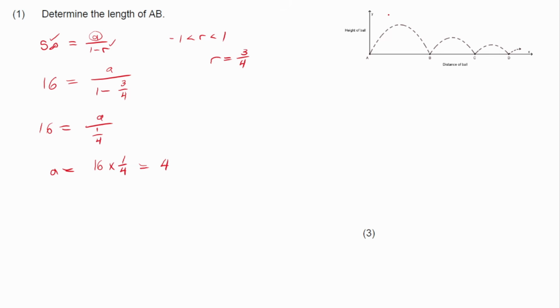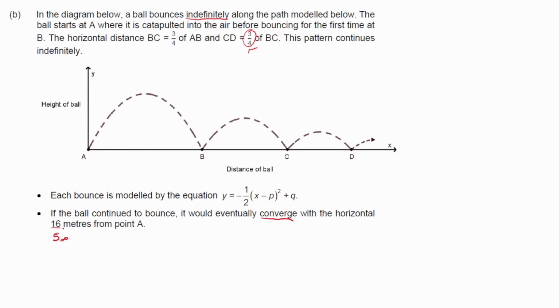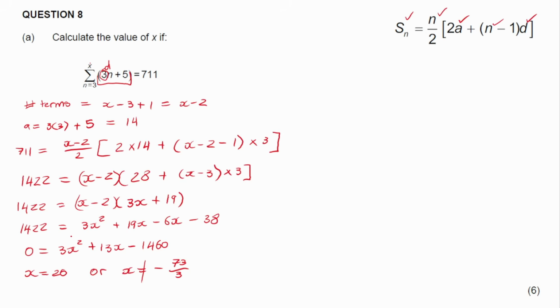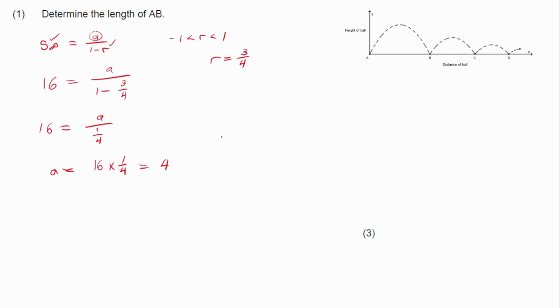And the distance of the ball is given in meters, so our answer here needs to be in meters. Okay, so we can say therefore AB is equal to 4 meters. You don't actually have to put the meters there, not as important as putting it over here. So we know AB is 4 meters. So we know that this has to be 4.